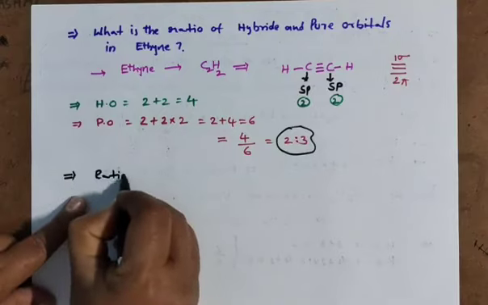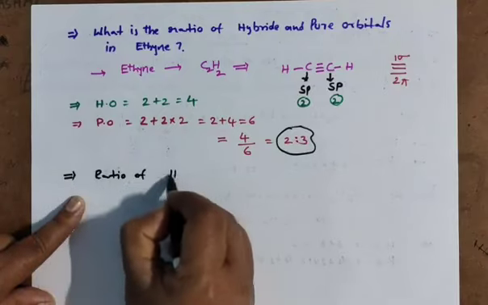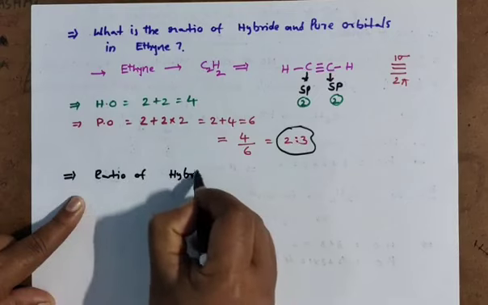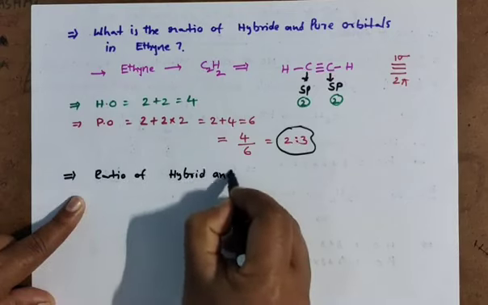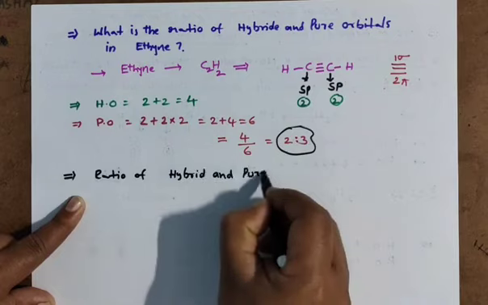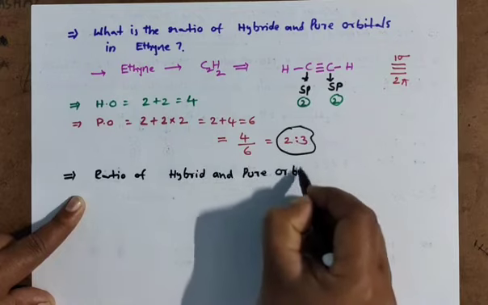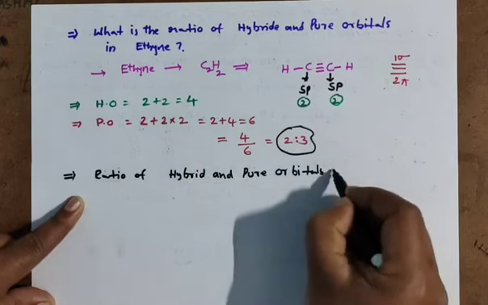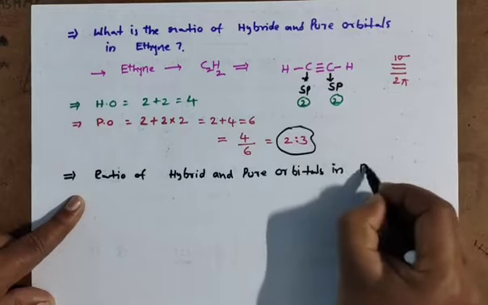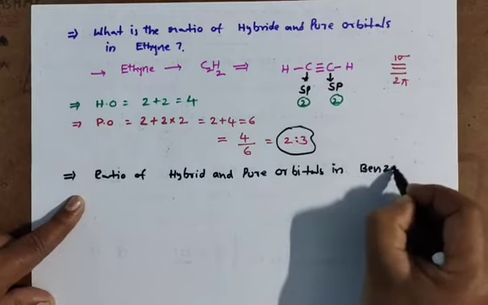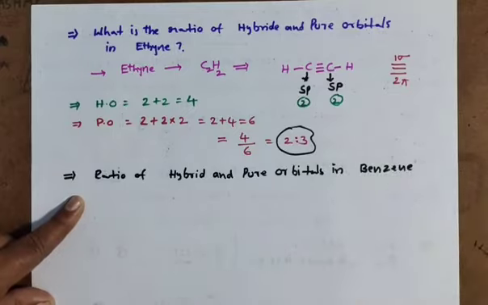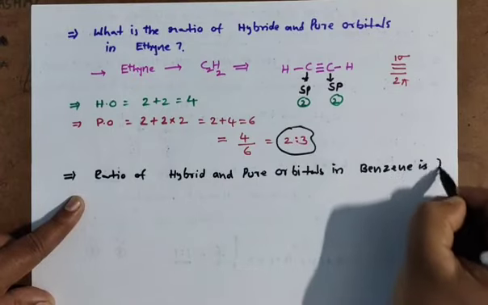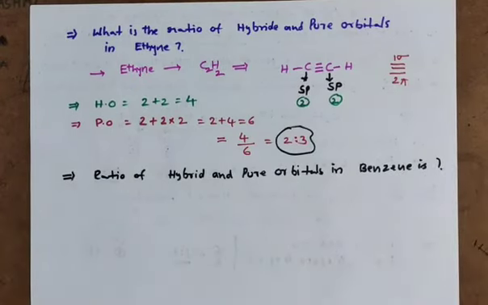Find the ratio of hybrid and pure orbitals in benzene. In benzene, how many hybrid and pure orbitals are present?